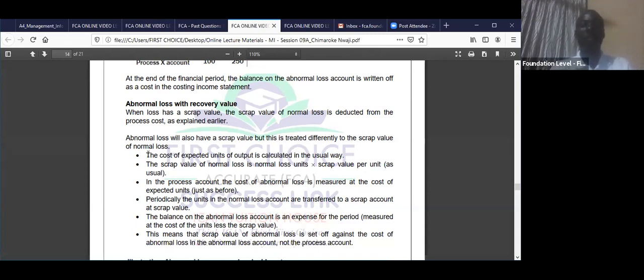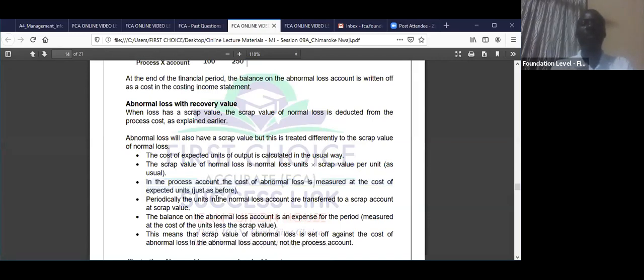Now, the cost of expected units of output is calculated the normal way we calculate it. Then the scrap value of normal loss is the normal loss multiplied by the scrap value as we did normally. Now, in the process account, the cost of abnormal loss is measured at the cost of expected output as we got before.